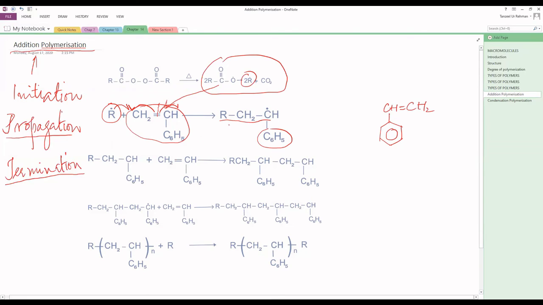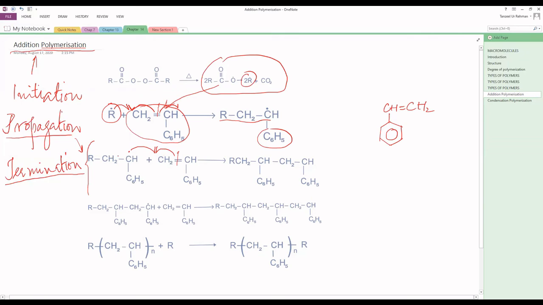Okay, now what happens? This free radical is then responsible for the start of the next one. Now this step is known as propagation. So it propagates. One electron comes here, the bond is broken here and an electron comes here.